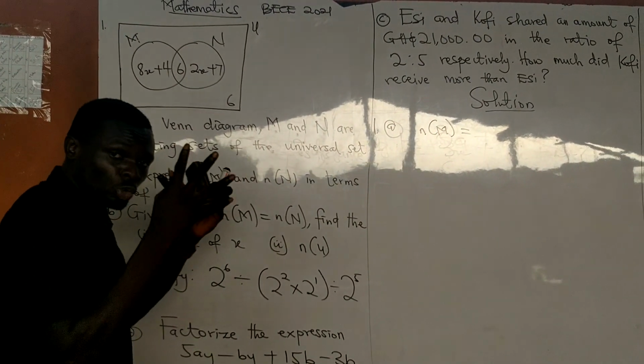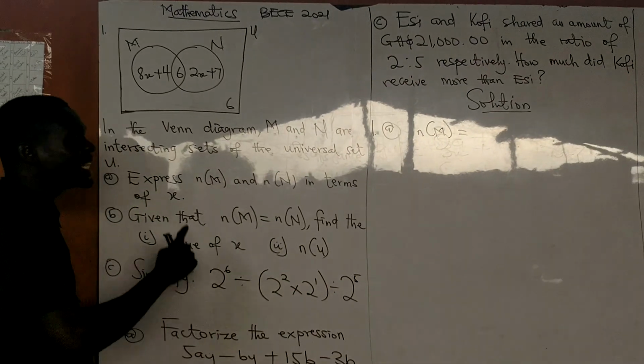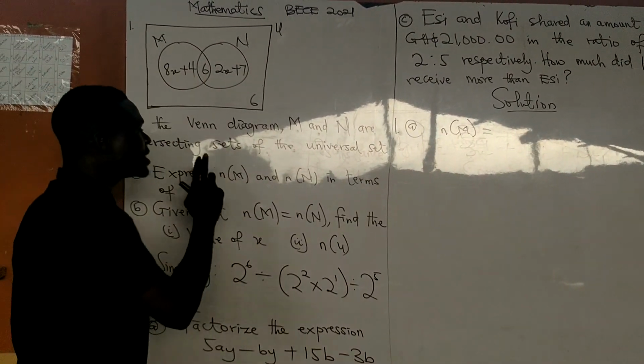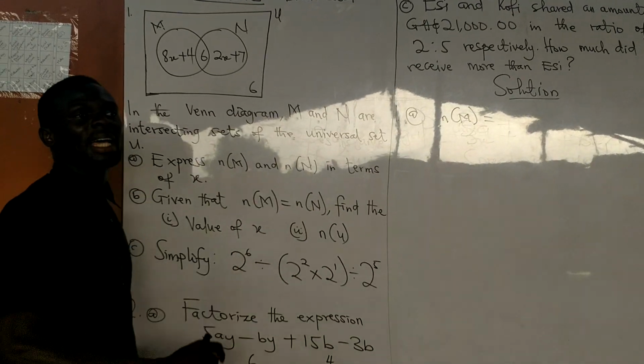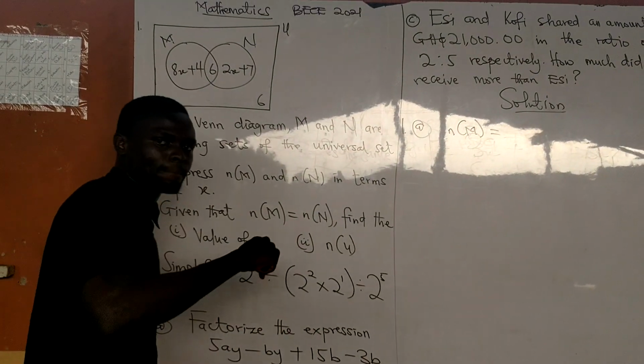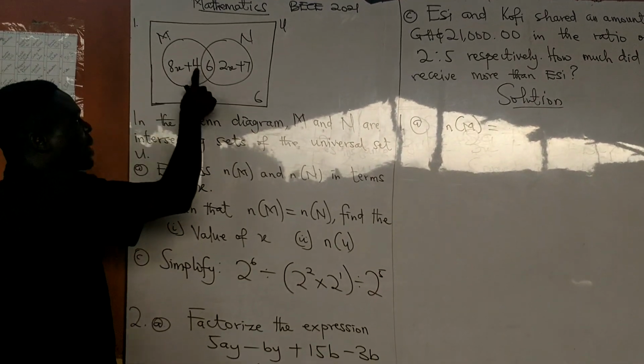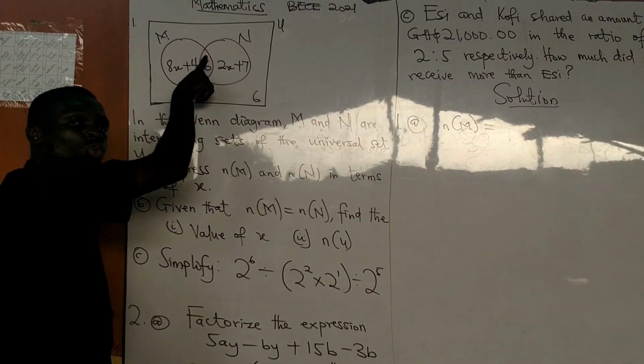When you put these 2 regions together, you are going to get the number of M. The question didn't say M only, but rather the number of M. So the number of M is going to be region 1 plus region 2.